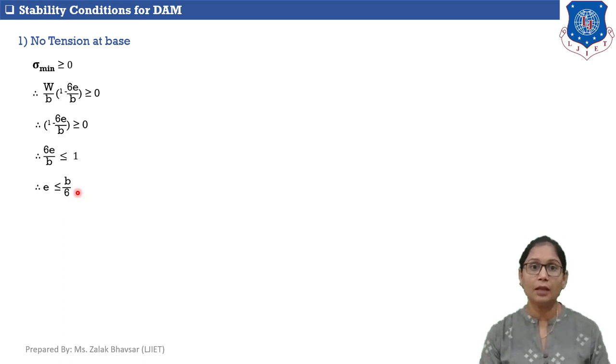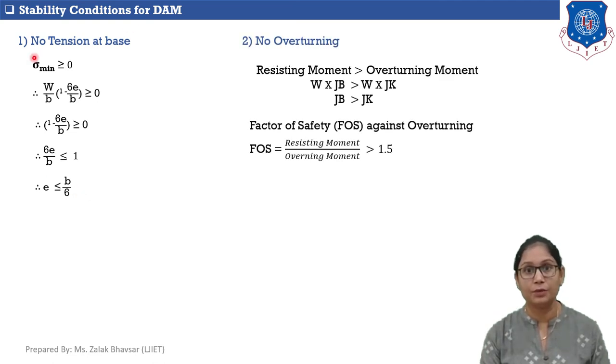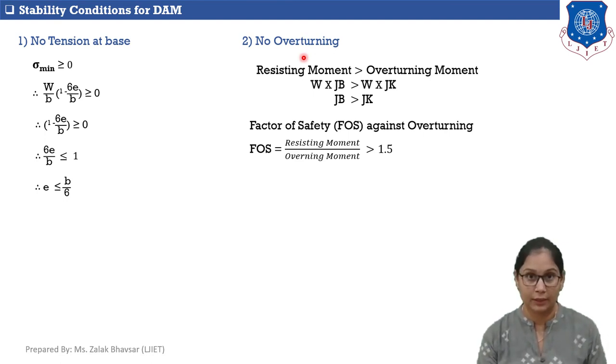Now let's move to our next stability condition, which is the no overturning condition. We should design the dam structure to be safe against overturning, and for that, the resisting moment should be greater than the overturning moment. The resisting moment is W into JB and the overturning moment is W into JK.